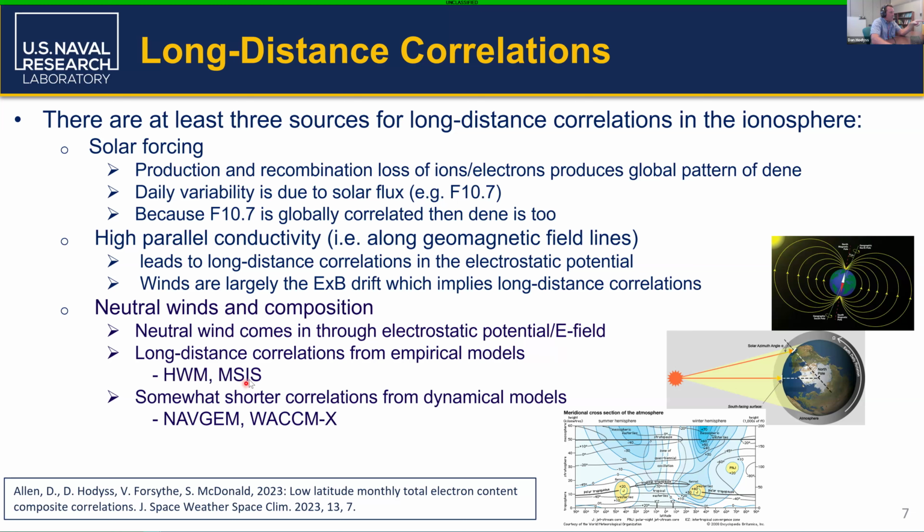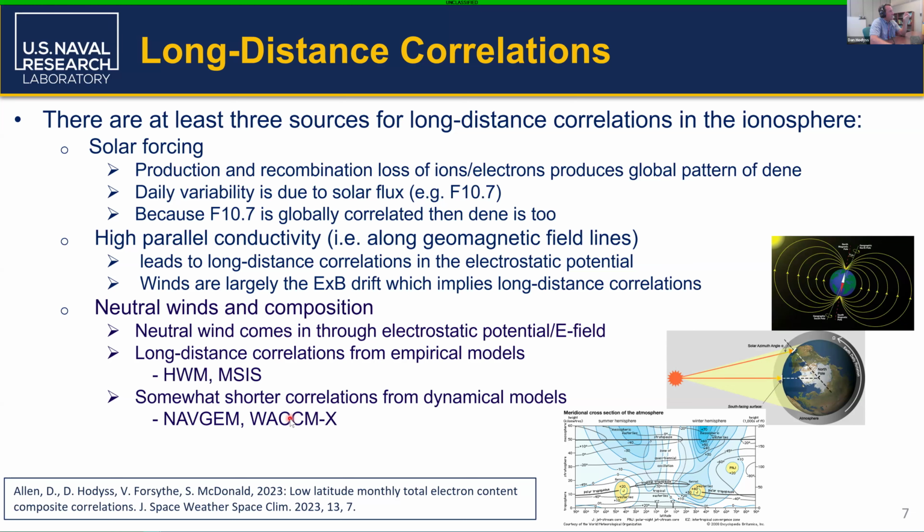And if we use the climatological model, HWM and MSIS, those have really large correlation length scales. And so those push on the model to have very large correlation length scales. We have done the same kind of statistical calculations with NAVGEM and WACCM-X. And while we do see shorter correlations, they're still pretty long by tropospheric NWP standards.